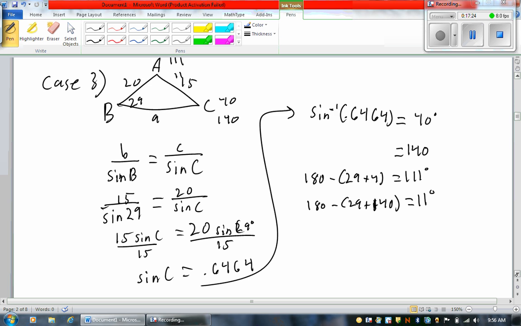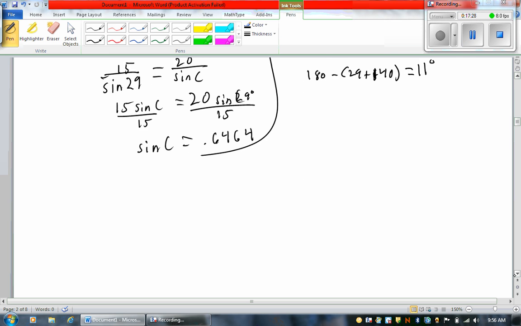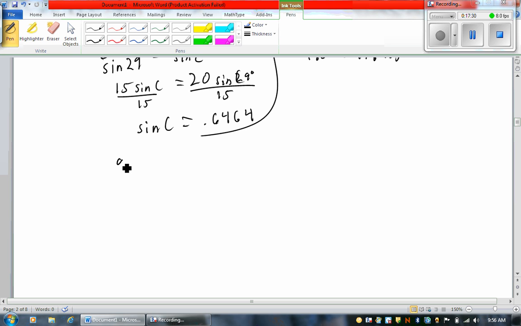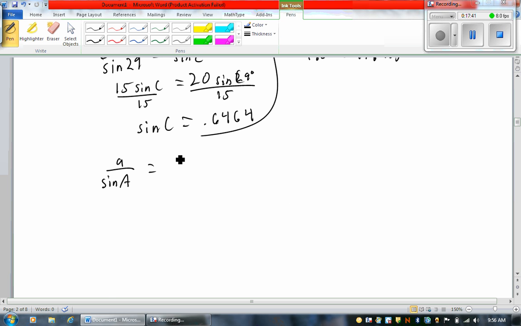And now, of course, we have two different scenarios for side a. Trying to find a over the sine of A equals. And now, you can't use the given one. You're going to have to use the one that has two. You're going to have to use c over the sine of C. Because you have two different scenarios and they each need to be reflected.